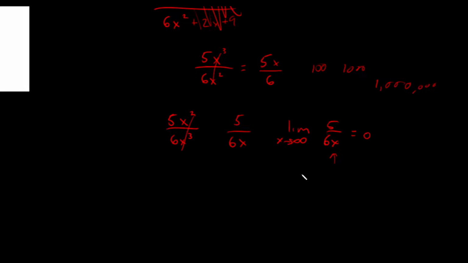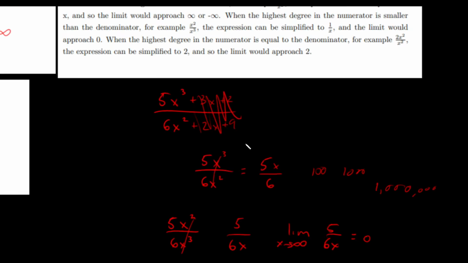So if x is infinitely large, then the resulting value will be 0, right? It'll get infinitely small. If we plug in 100, it'll be pretty small. Plug in 1,000, it'll get smaller. Plug in 1,000,000, it'll get so small that it reaches 0, pretty much.